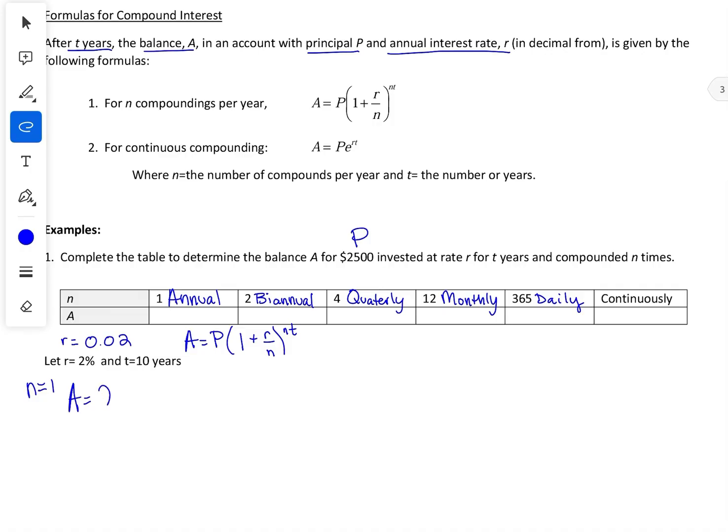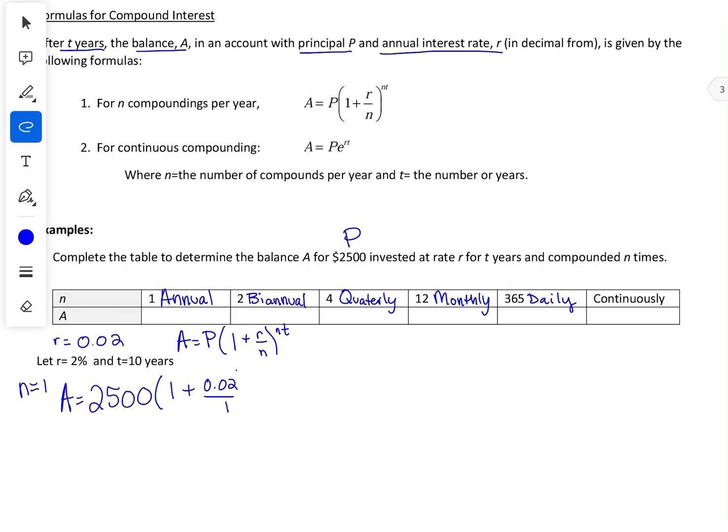So the first one's going to be 2,500 times 1 plus, we know the rate is 0.02 over N, so that'd be over 1, raised to the 1 times 10. When we put that in the calculator, it comes out to be 3,047.49.